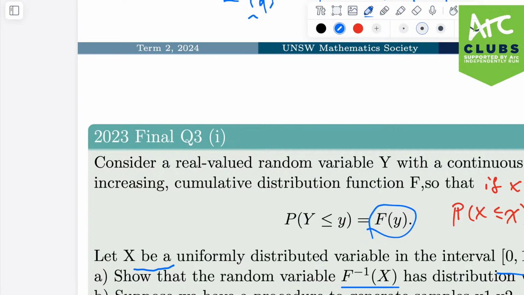So if we already have x1, x2, from part A we know that F of y is actually just equal to F of F inverse of X of y. Again, hopefully my notation isn't confusing you guys. This thing is just the same as this expression.